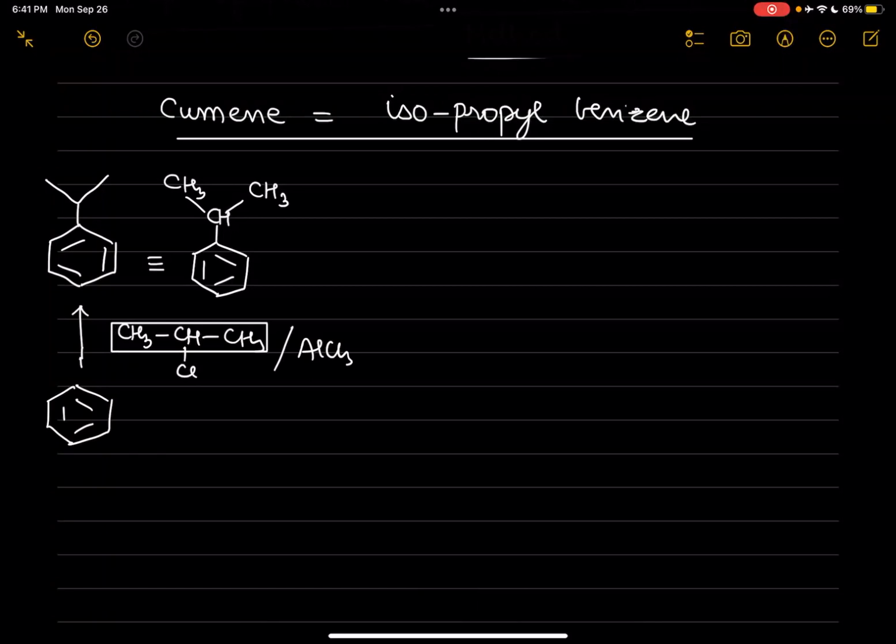So you have this isopropyl benzene and you react it with oxygen. You heat it with oxygen. This hydrogen is very reactive because it is close to benzene, so it can break very easily. So the H gets abstracted and it reacts with oxygen and becomes OOH.